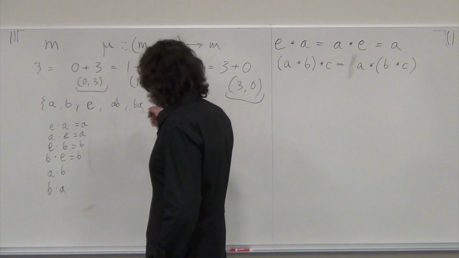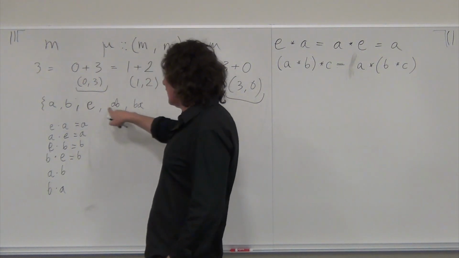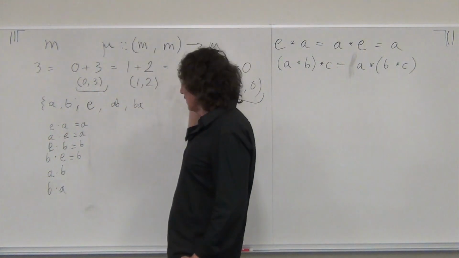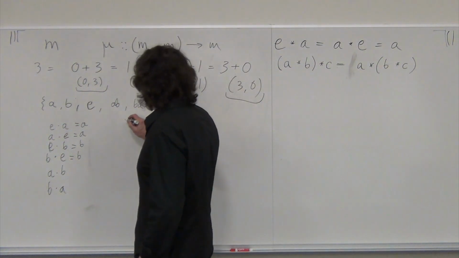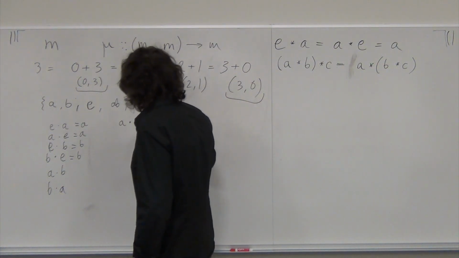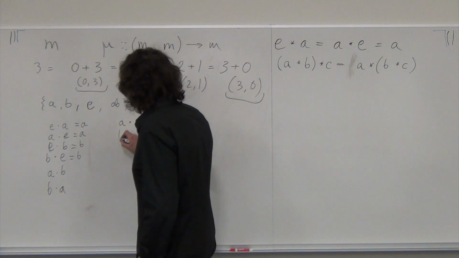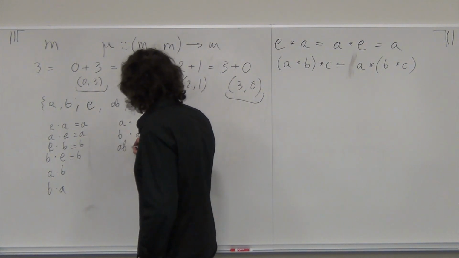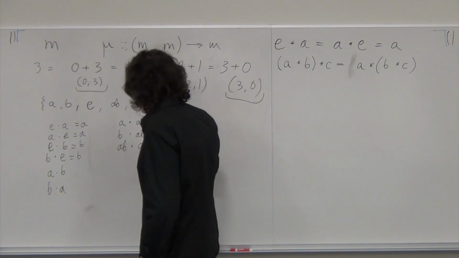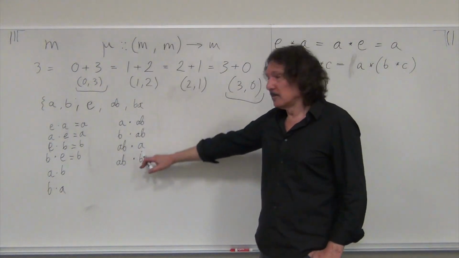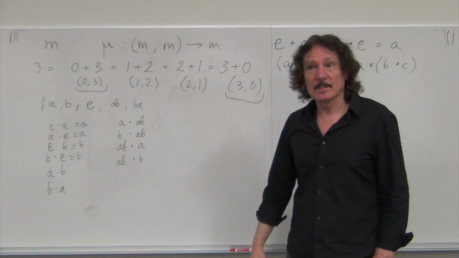So what are the new, interesting things? Well, of course, E times AB and E times BA, we know what it is because of the laws. But there are also things like A times AB, B times AB, and then there is AB times A, and AB times B. So, are these four new things?